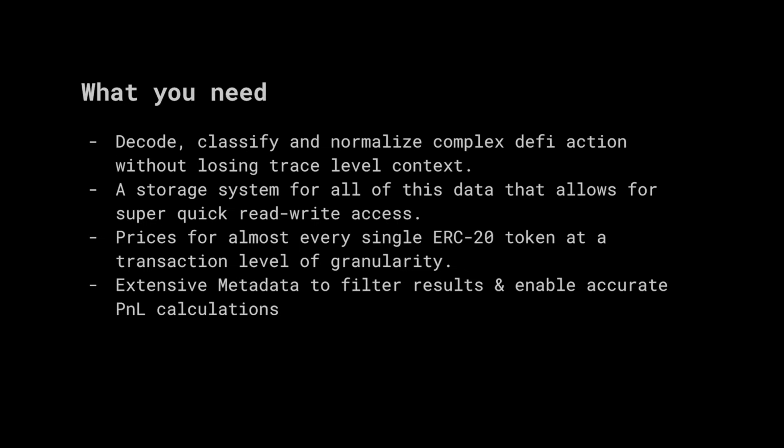And then the last thing is you need extensive metadata on addresses, on contracts, also just more simply on builders and searchers, because you can't really accurately compute the P&L.